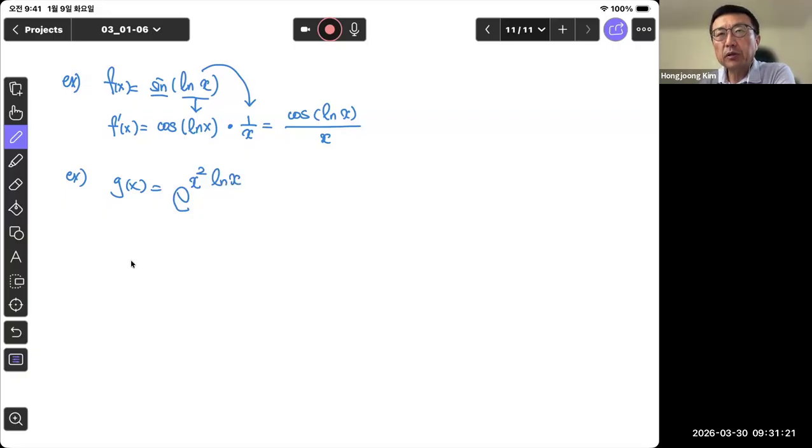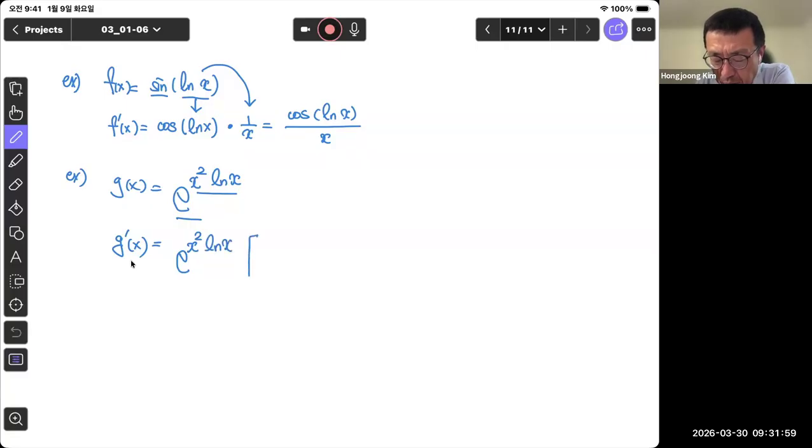So the exponential function, and the exponent is a product of two functions, x squared times ln x. This is another composite function. The outer function is the exponential function. Its derivative will be the exponential function itself, evaluated at the inner function, so e to the x squared ln x.